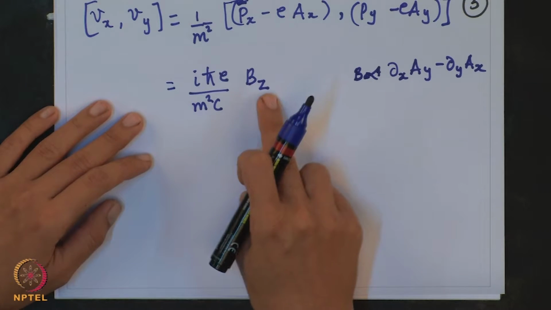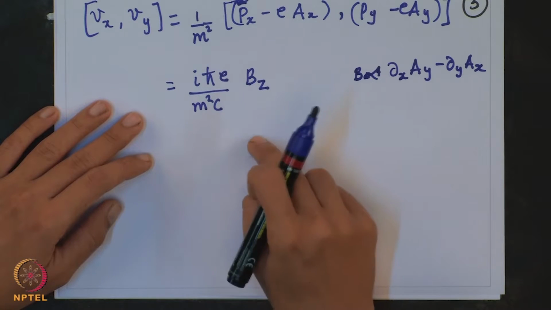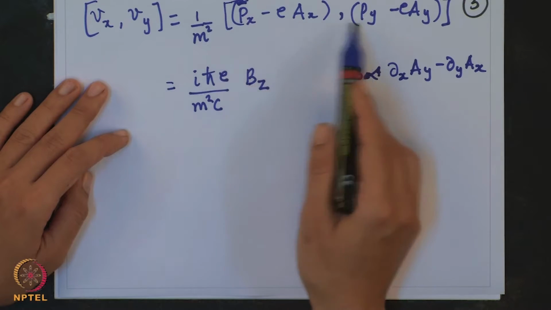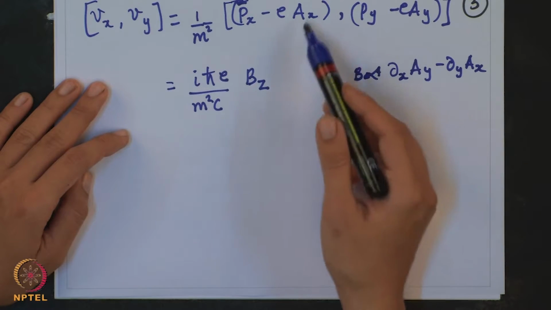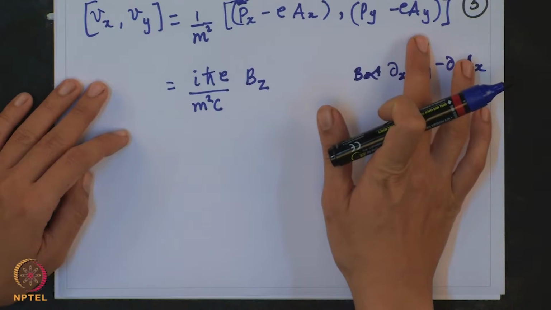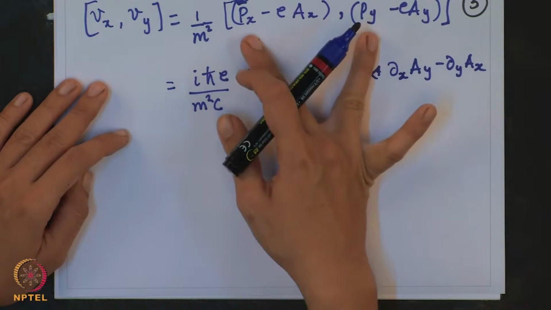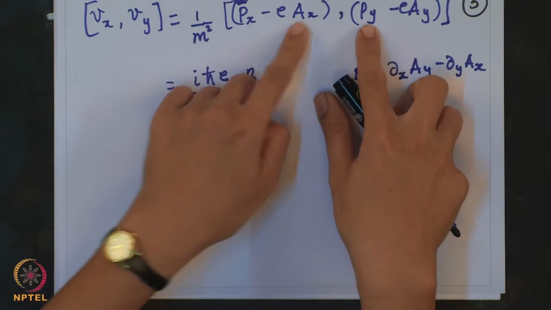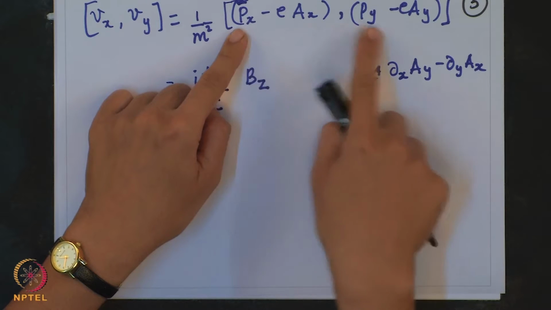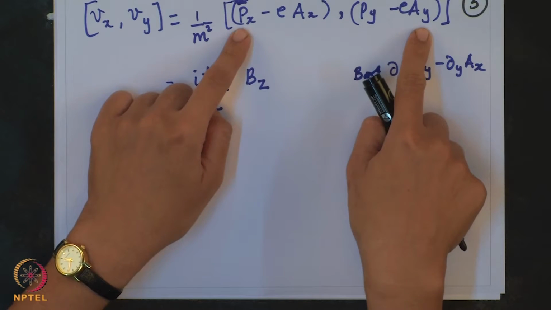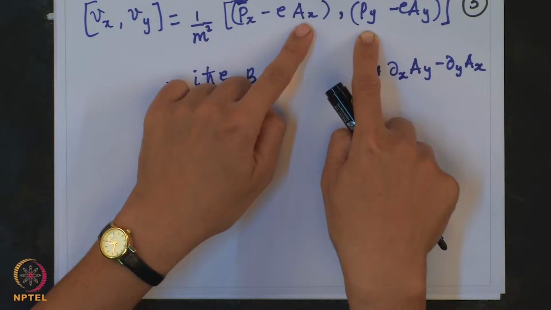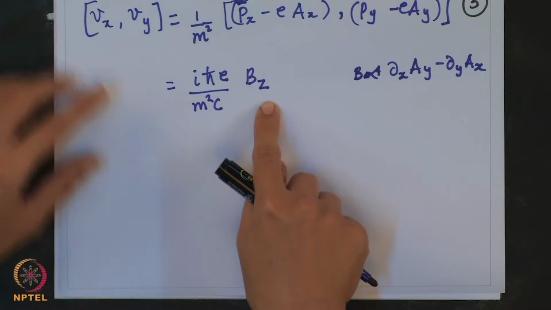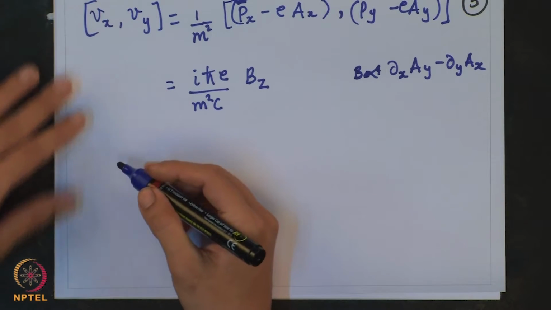We wrote B_z in terms of A. So, this is what you have when you solve this. You will have 4 terms, again I am repeating, only the cross terms will contribute, this and this will give me p_x A_y, here I will have p_y A_x, this will give me a term proportional to B_z, the z component of the magnetic field.